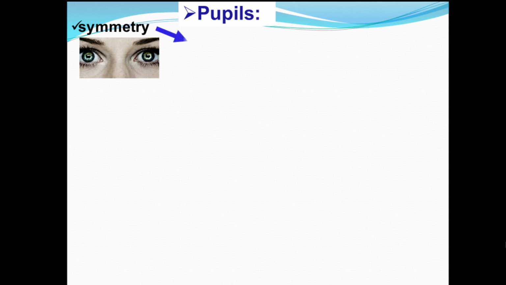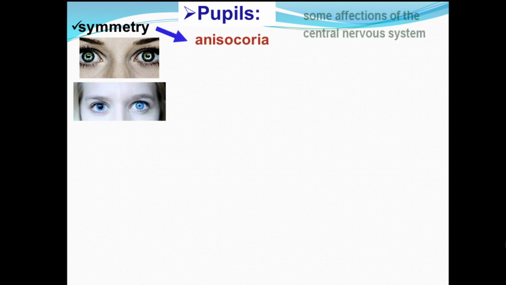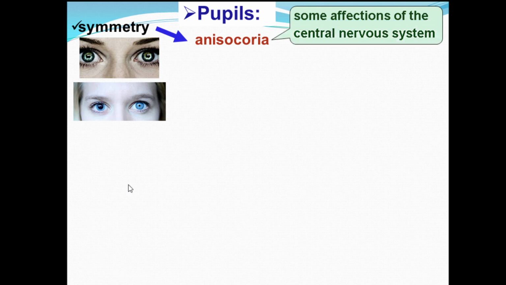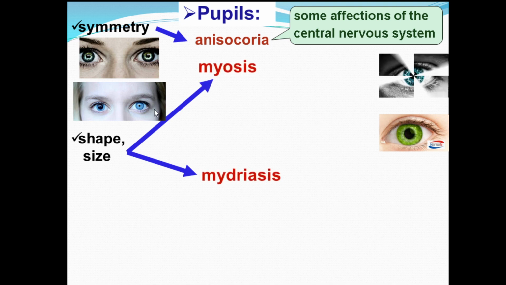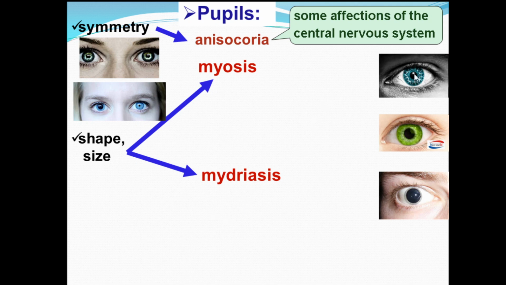Normally they must be symmetric. Asymmetry of the pupils is called anisocoria. You see one widened, the other narrowed. We pay attention to shape and size, and decrease, narrowing of the pupils is called miosis, the opposite, widening, mydriasis.